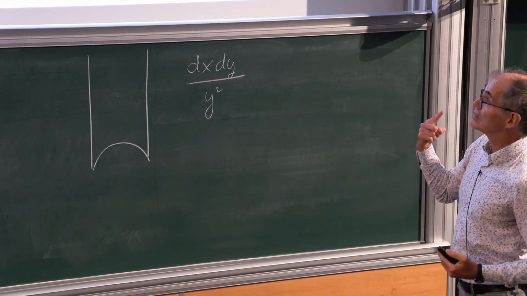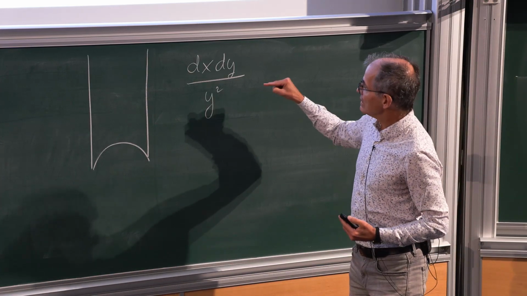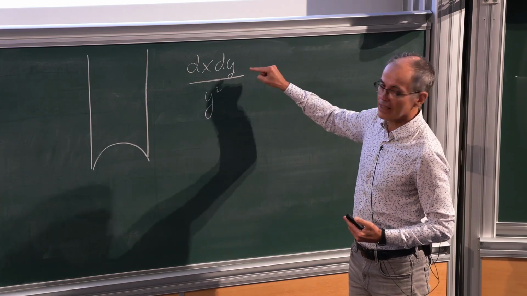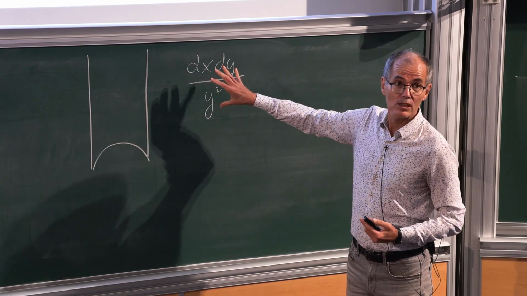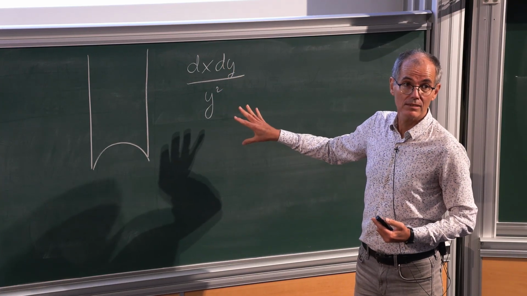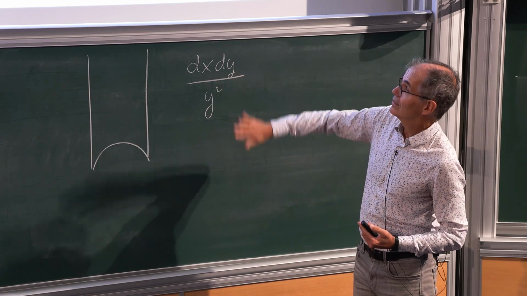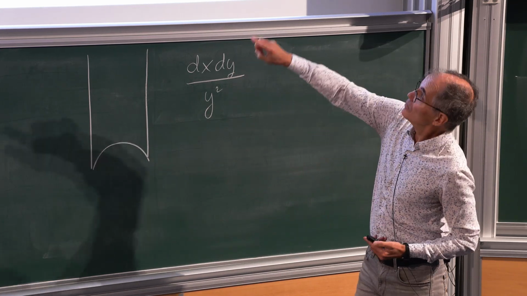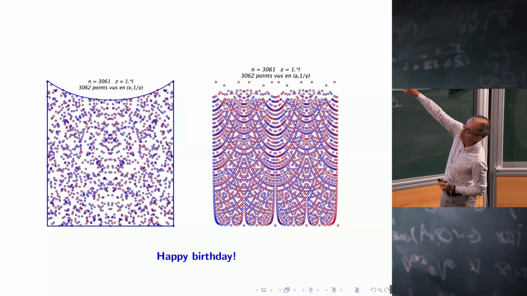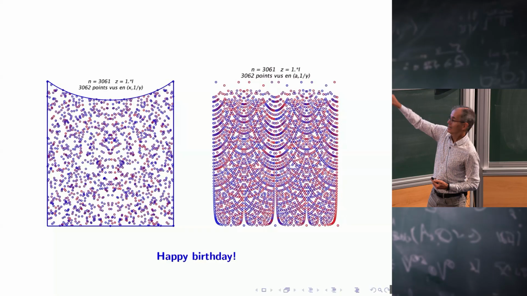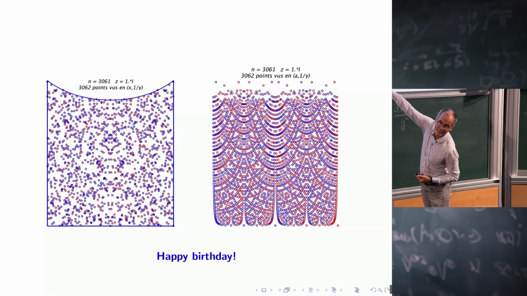What you notice is that if you replace y by 1 over y, the measure becomes dx dy, the Lebesgue measure. This is why I have drawn the picture in coordinates x, 1 over y. So the image of this is this.